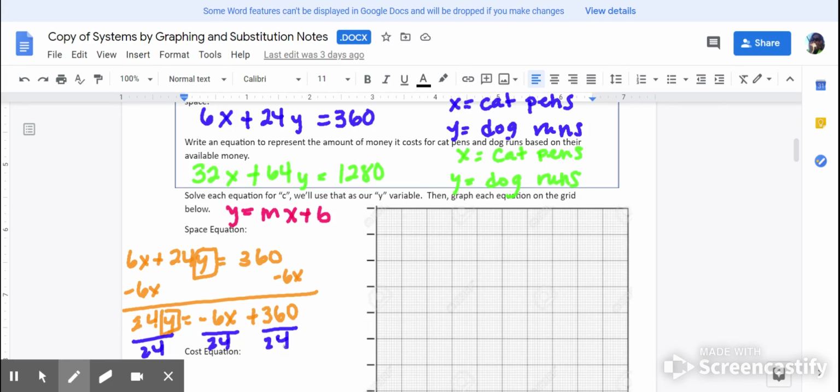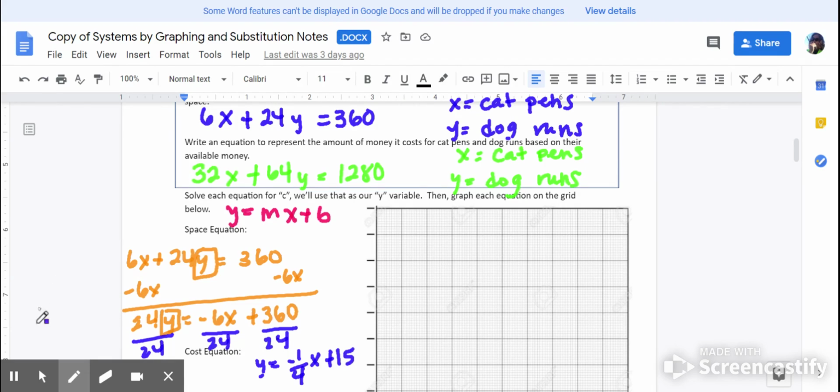So 6 will go into 6 one time, 6 will go into 24 4 times. And the reason being that we're going to graph this, so I'd rather my slope be negative 1/4 instead of negative 0.25. Because my rise over run becomes much easier: go down 1 and to the right 4. And then when I divide 360 by 24, I get 15.